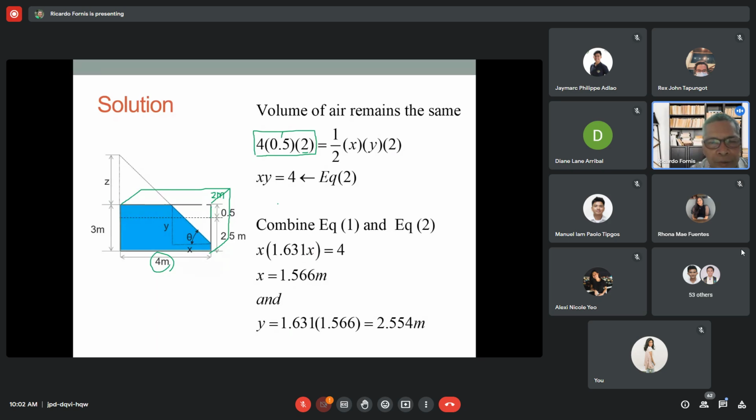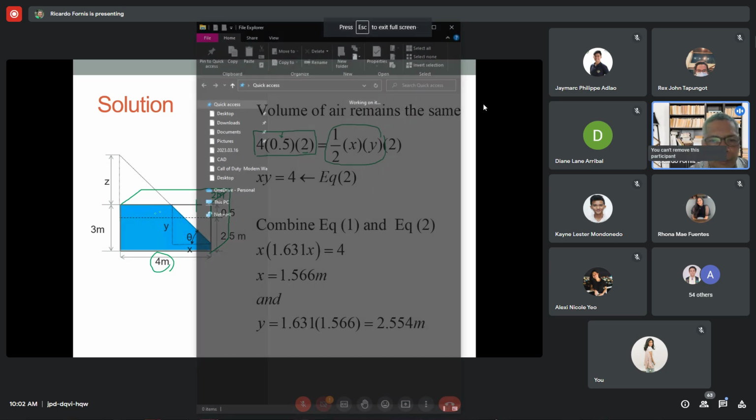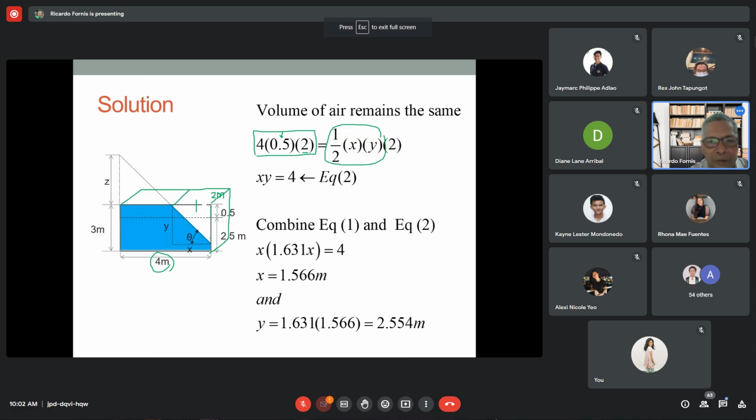Okay, so if we apply the relationship, the volume of air original is the same as the volume of air final. The volume of air final would be equal to the cross-sectional area, which is now the triangle, multiplied by the length. So it is a wedge shape.